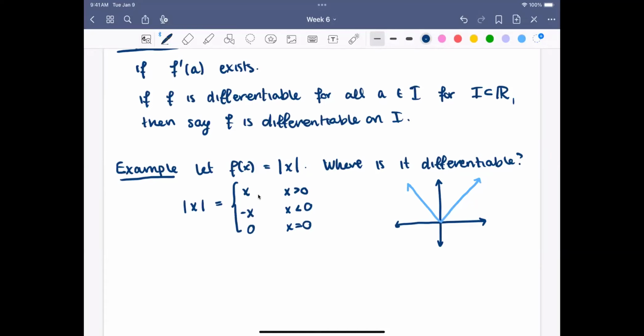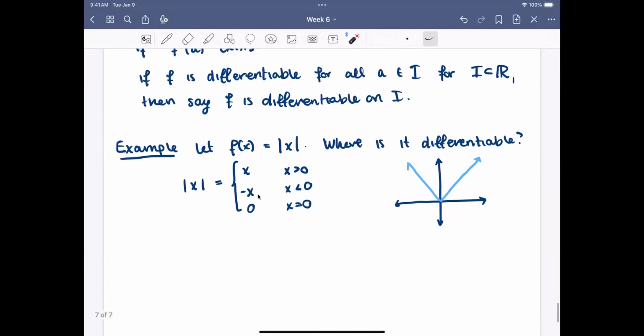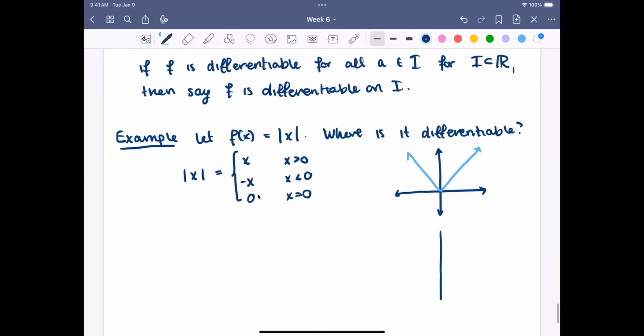In this region, the slope is always just 1, since this is a line with slope 1. So in my picture of f prime of x, I get slope 1 for positive x values.